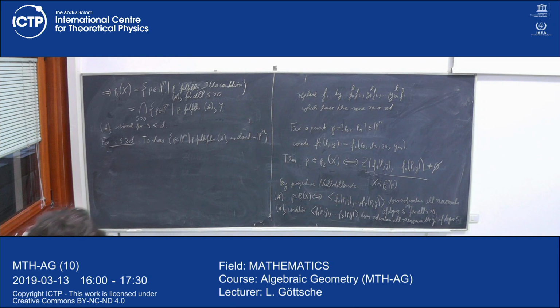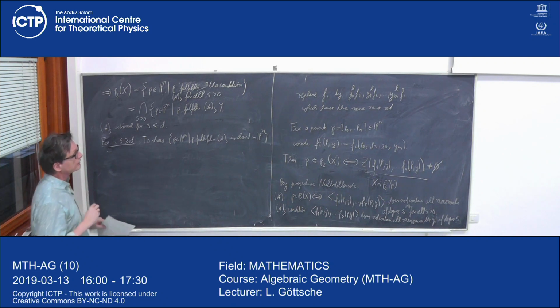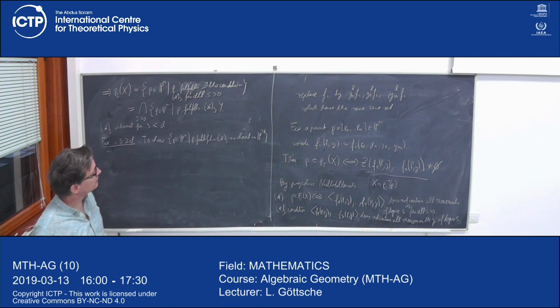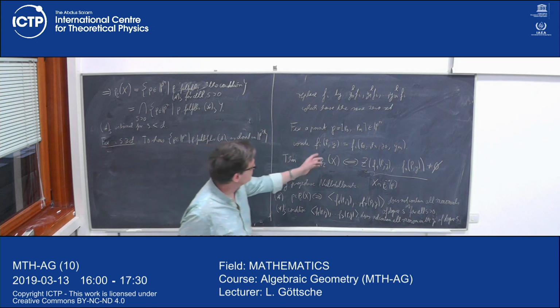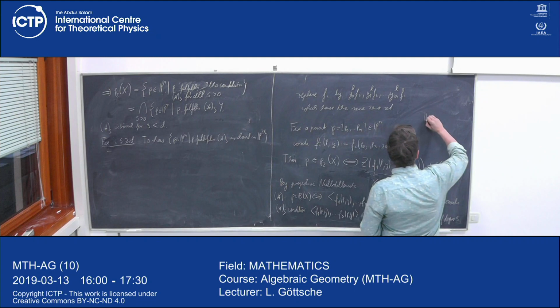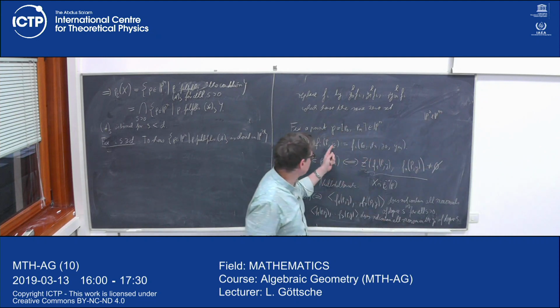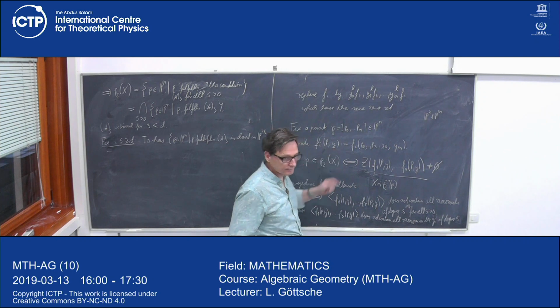And now we reformulate this as linear algebra. Remember that the second factor was Pn, so we were in Pn times Pn. So this Y stands for the variables Y0 to Ym.